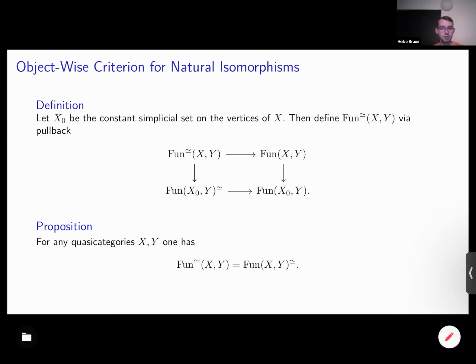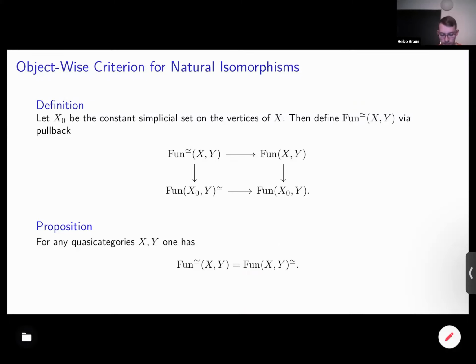And then the statement which we want for the object-wise criterion is this: when we have this thing which we defined here by pullback, it's actually the same as if we take the functor category, which is again a quasi-category, and consider the quasi-categorical core of it.